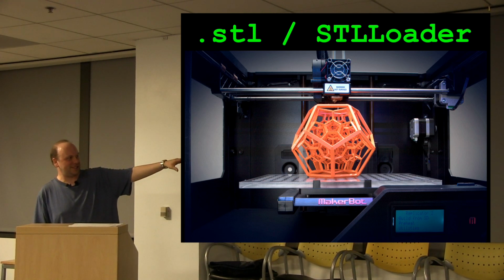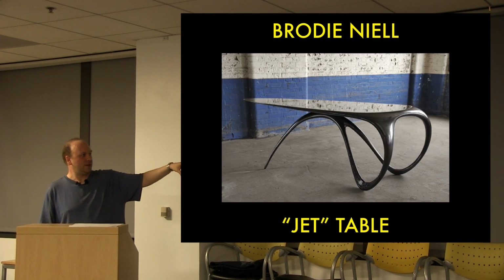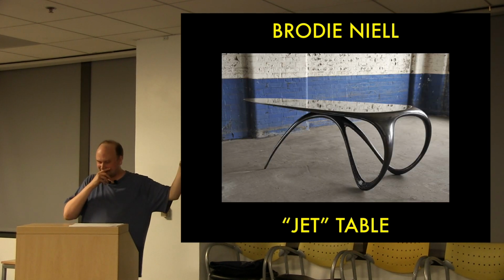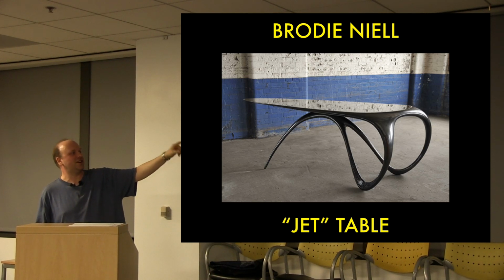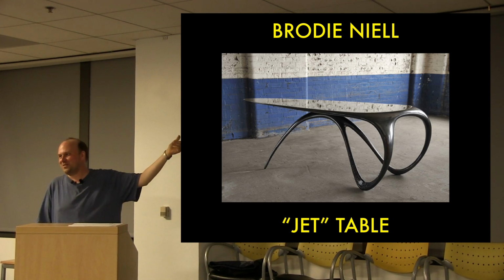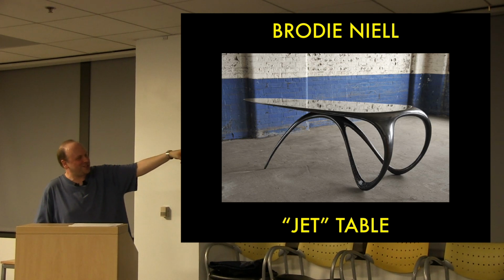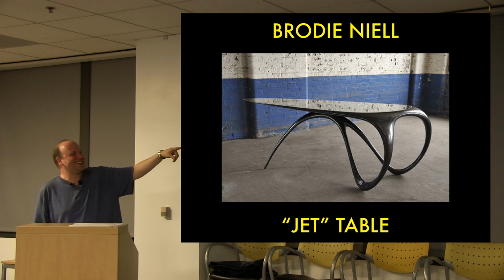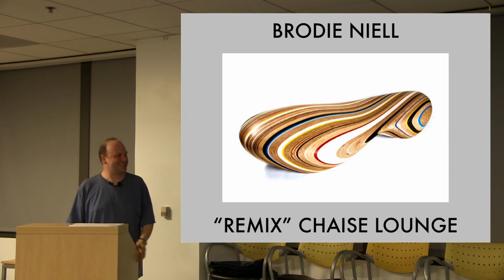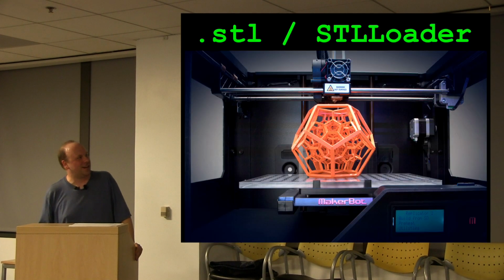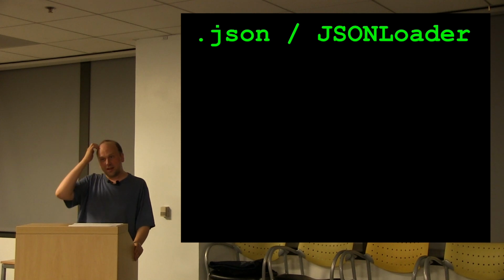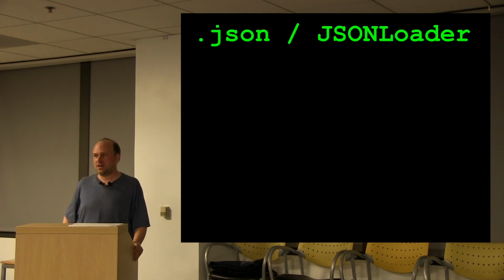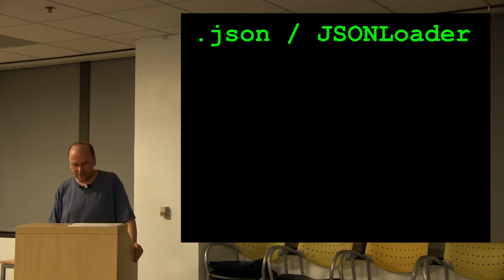But yeah, STL is mainly used for 3D printing. And this is just a furniture design done in Cinema 4D, which I just think is cool as hell. Anyway, there's also OBJ, which you load with the OBJ loader. JSON. This is not very widely used, but you can actually do your 3D modeling in JSON now.